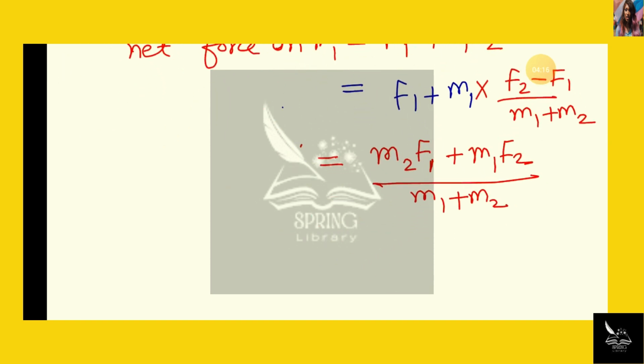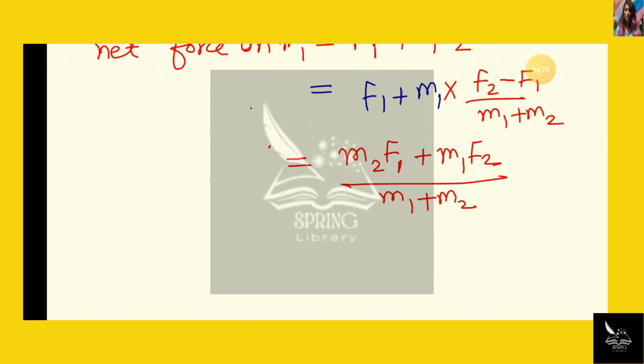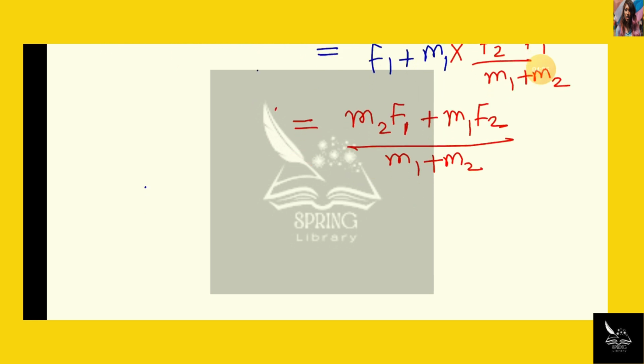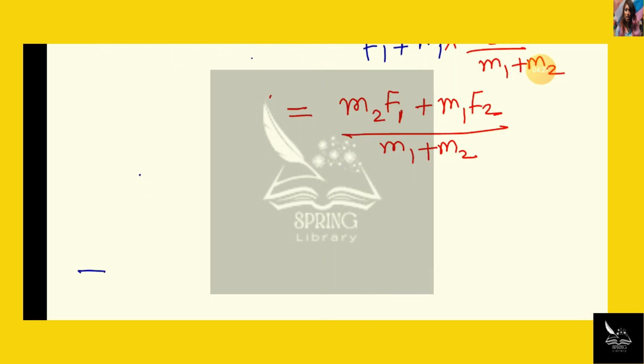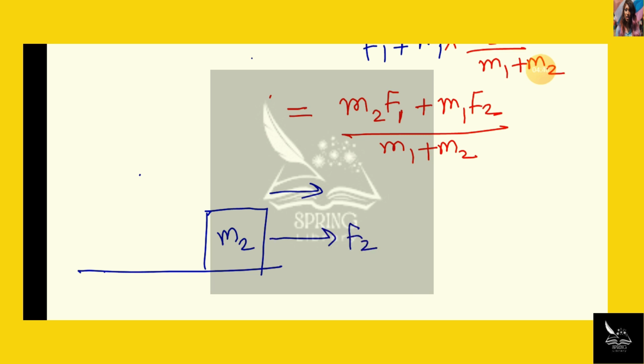Similarly, the second block also experiences a pseudo force due to force F1. By looking at this figure which I am drawing here, this is the second block having mass m2, and the pseudo force will be in the direction of F2, and its value is m2 a1.